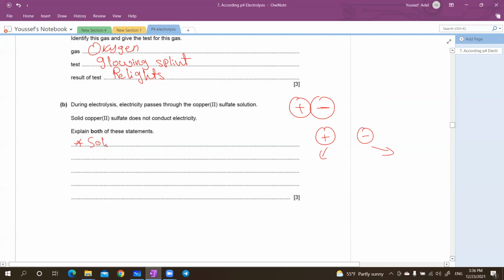So solid copper sulfate has no free moving ions. But aqueous copper sulfate, its ions can move freely to conduct electricity.